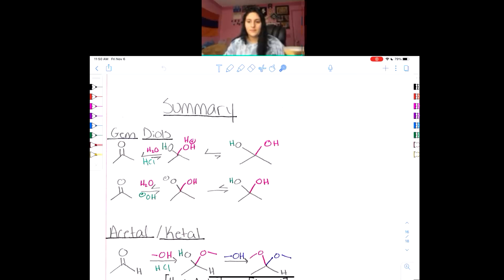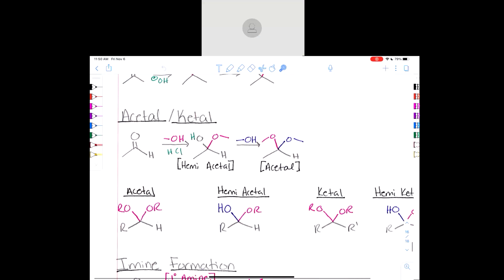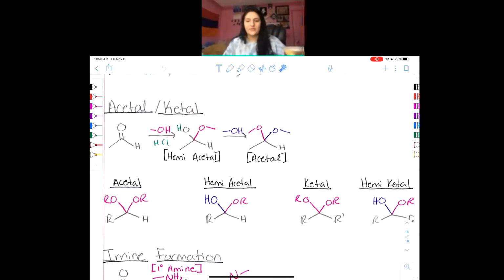For the acetal-ketol reaction, it's going to be the same exact thing with an aldehyde or a ketone. I drew it once with the aldehyde, but we know the same exact steps will happen with a ketone.